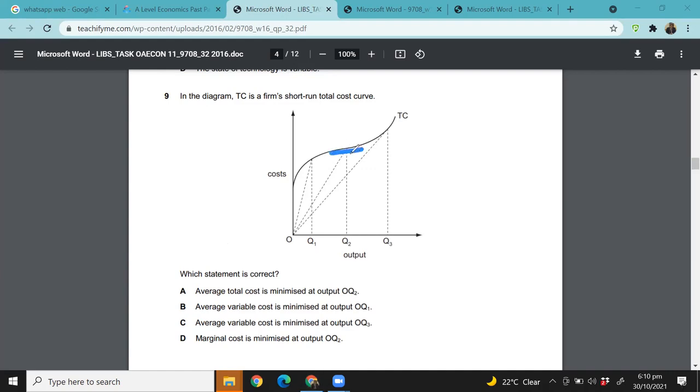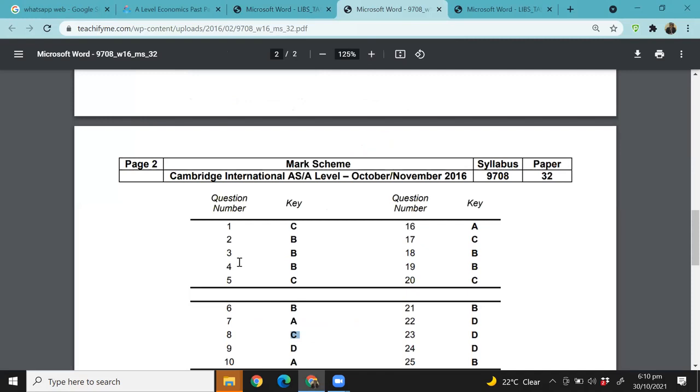So marginal cost is the change in total cost. So it goes like this, goes like this, goes like this, then this, and so on. I would say the marginal cost is minimized at OQ2. The answer should be D. Let me check. Right, so 9 should be D.